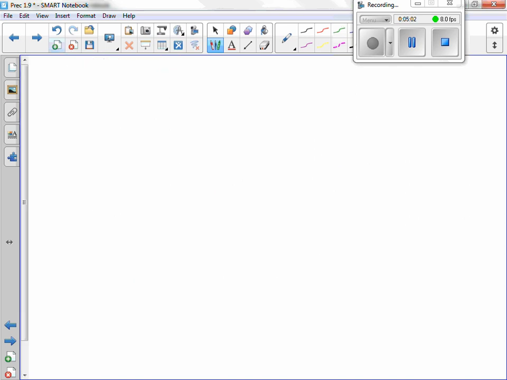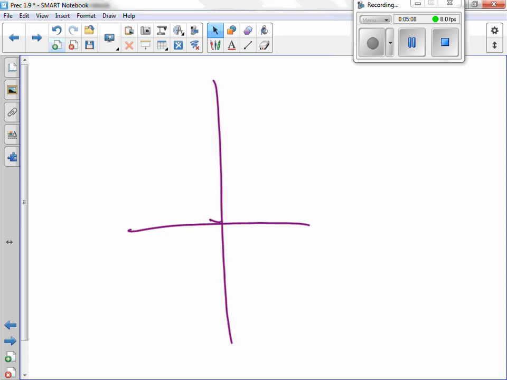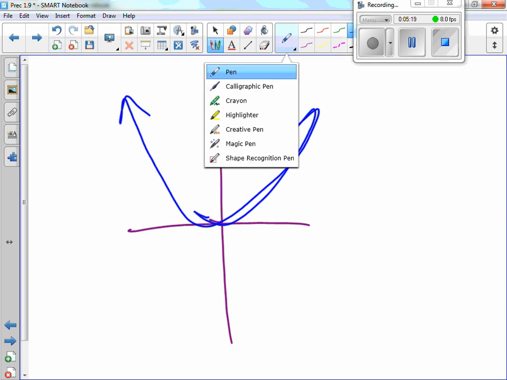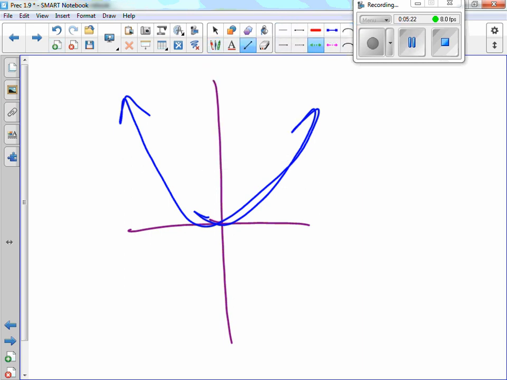I'll use a different color. This here is a quadratic, yes? So if I drew a horizontal line, it crosses twice, yes? I'm getting ahead of the slides, I know I am. This does not pass the horizontal line test, does it? So it does not have an inverse.